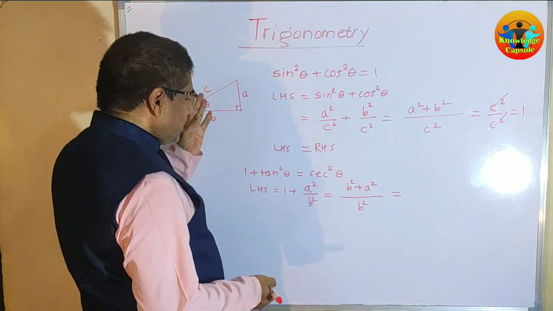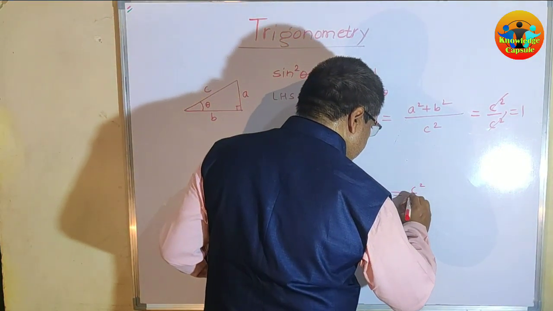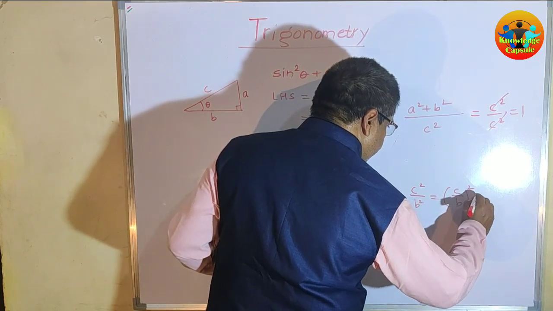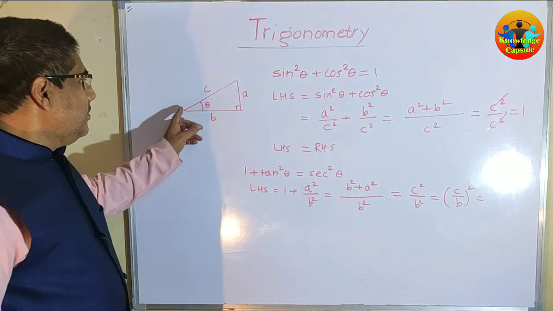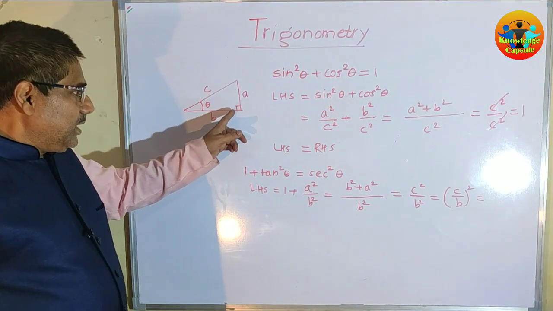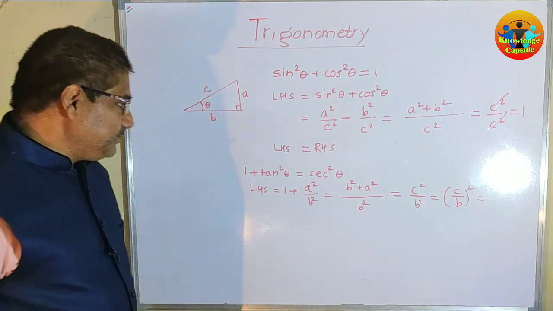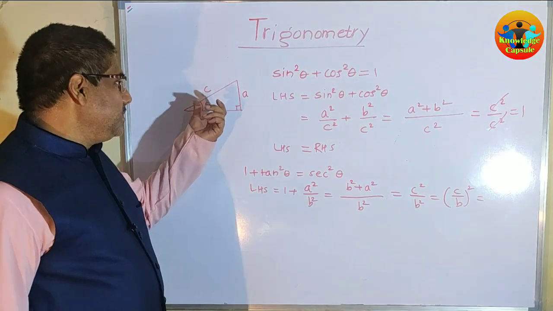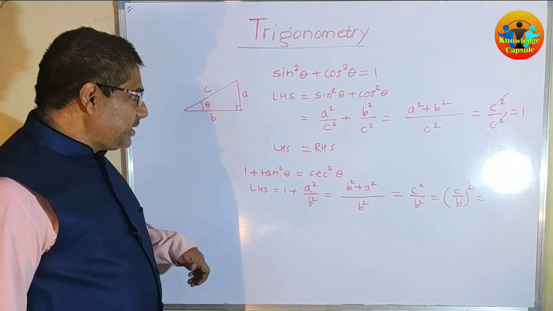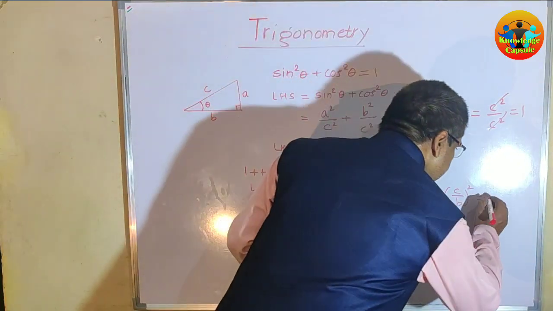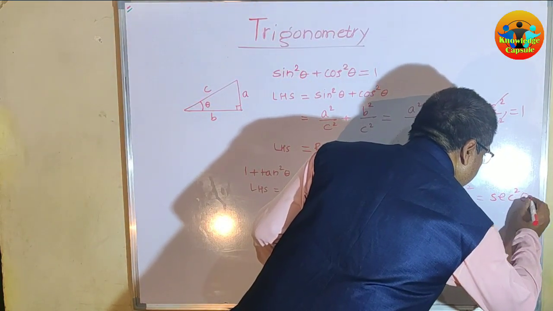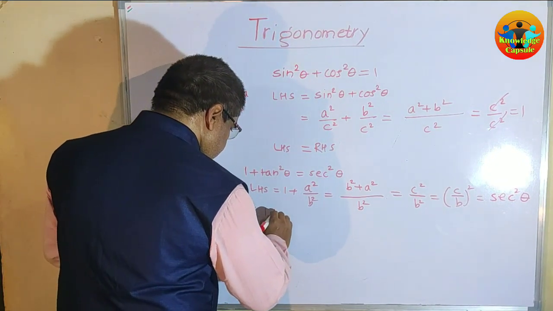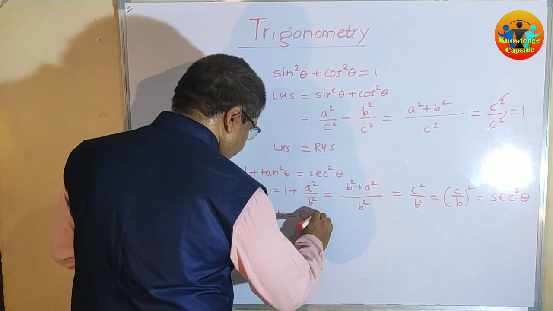B square plus A square is again C square. C square upon B square. We can write this as C by B whole square, which is hypotenuse upon adjacent side. It is nothing but sec theta, because adjacent side upon hypotenuse is cos theta and the reciprocal of it is sec theta. Therefore, this is equal to sec square theta. Therefore, LHS is equal to RHS.